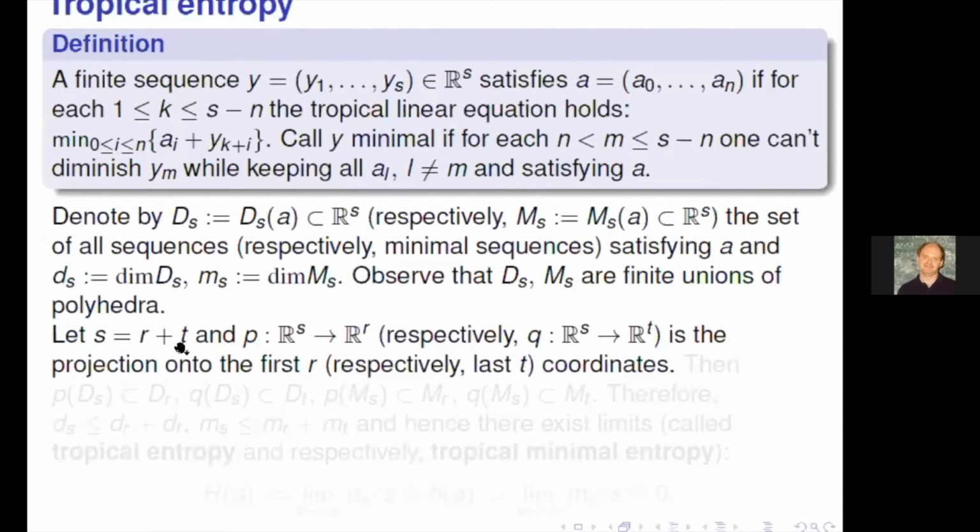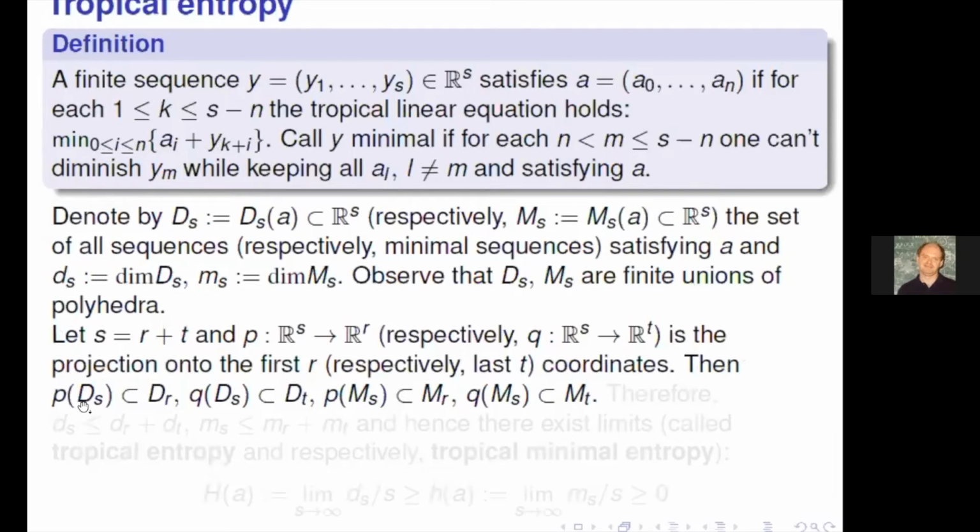Let's take s equals r plus t and consider two projections from s: P on the first r coordinates and Q on the last t coordinates. Then it's easy to check that the projection of Ds is contained in Dr. It's easy to see because if the sequence satisfies all the tropical linear equations, then its prefix would satisfy them as well, and also its suffix. The same for minimal.